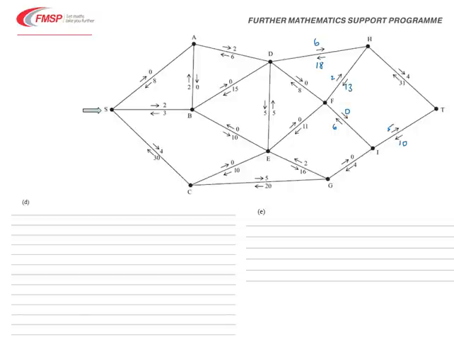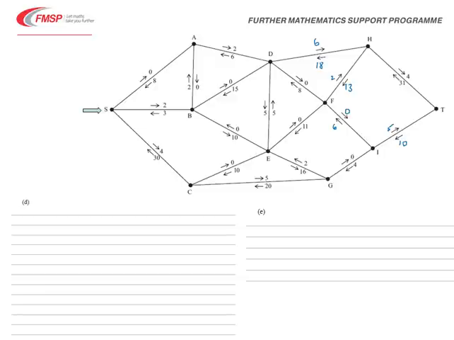We now move on to the idea of flow augmenting paths, and what we're looking for now is any path starting at S and finishing at T where the arrows going along the direction we wish to travel have a number greater than 0.